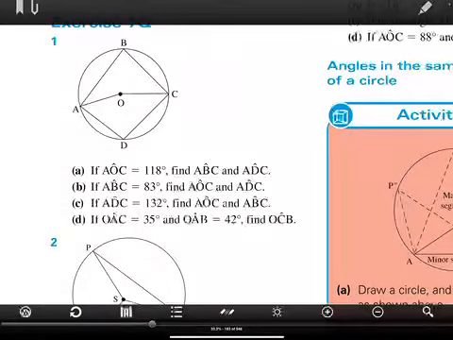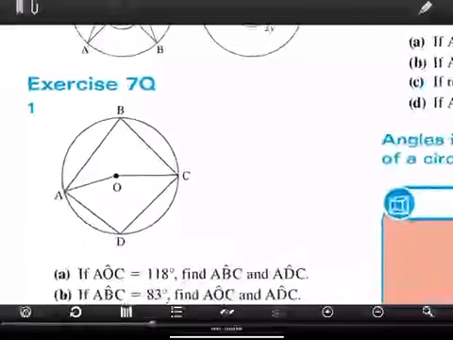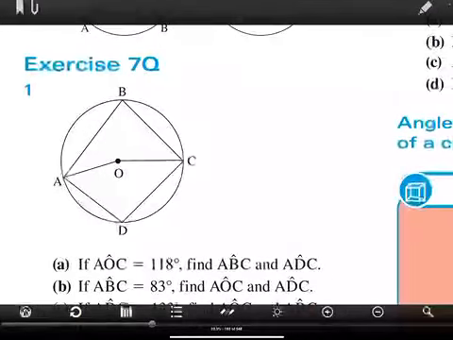There you get another one, B. If ABC was 83, if this angle is 83, what is the angle of AOC?